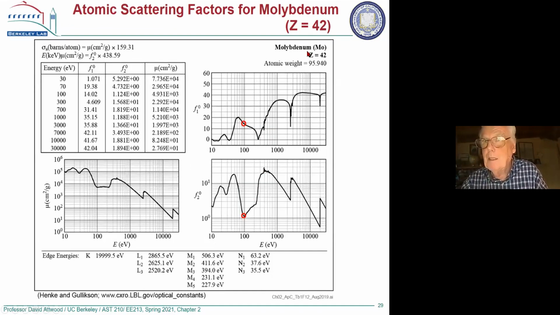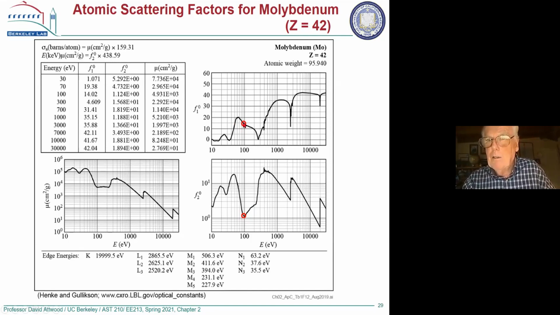But for molybdenum, remember the silicon molybdenum multilayer, it turns out, just happenstance, that its absorption is equivalent to 1 electron at 99 eV, but its scattering is more like 15 or 14 or something like that. And you say, well, how could that be? Well, the photon energy is low enough that most of the electrons are too tightly bound and they're not absorbing it.